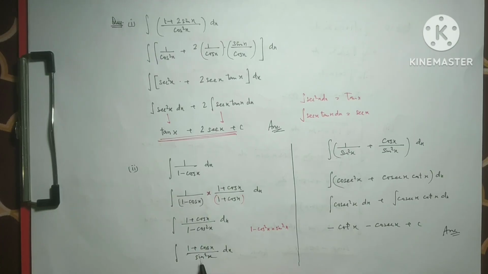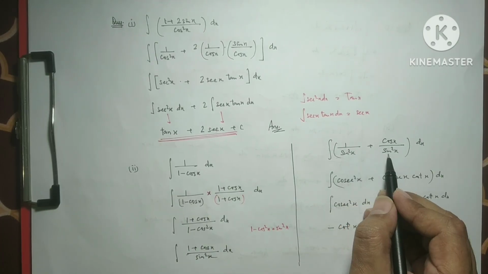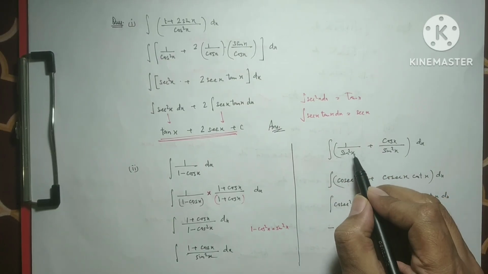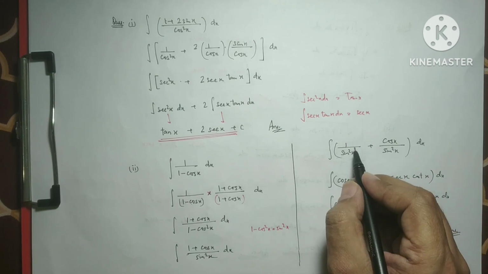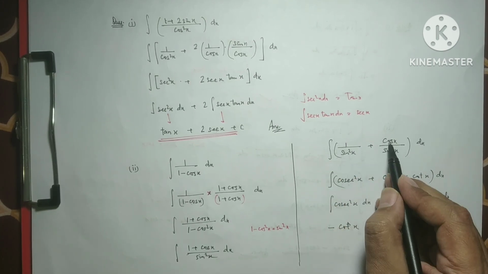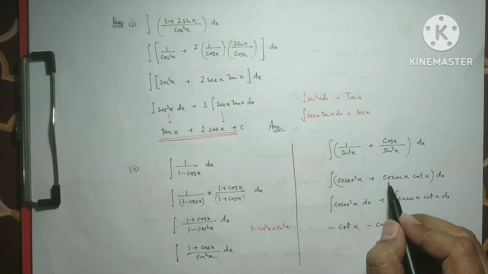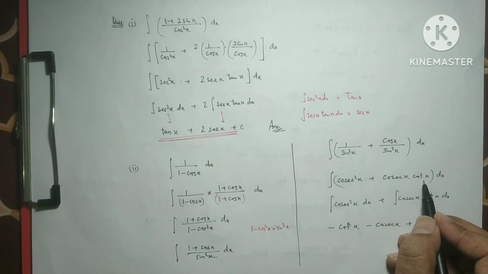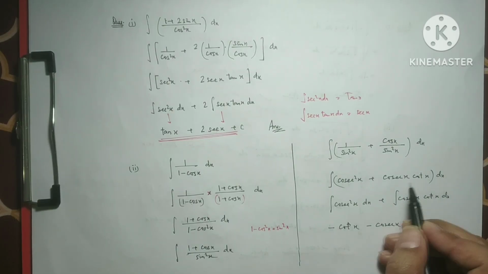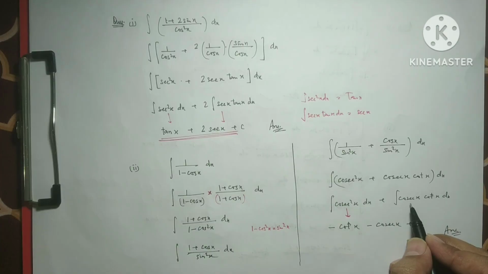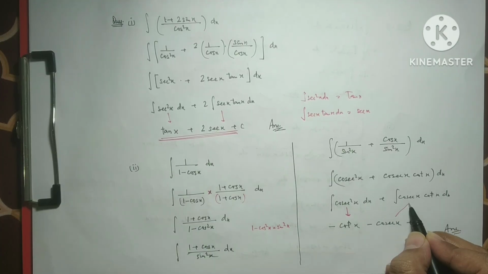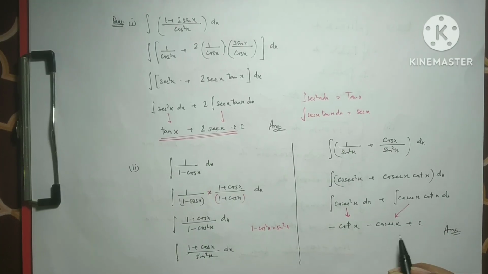Now we separate these two terms with sin square x. So 1 over sin square x plus cos x over sin square x. This becomes cosec square x and this becomes cos over sin and 1 over sin, that is cosec x and cot x. We integrate these separately. The integration of cosec square x is minus cot x and the integration of cosec x cot x is minus cosec x. So this is the answer.